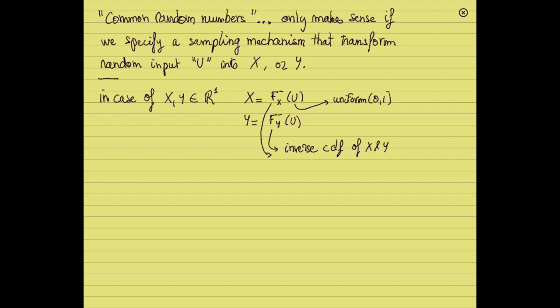So we said that this might induce positive correlation between x and y, but in fact, what is remarkable and far from obvious is that this induces the maximal amount of correlation between x and y.